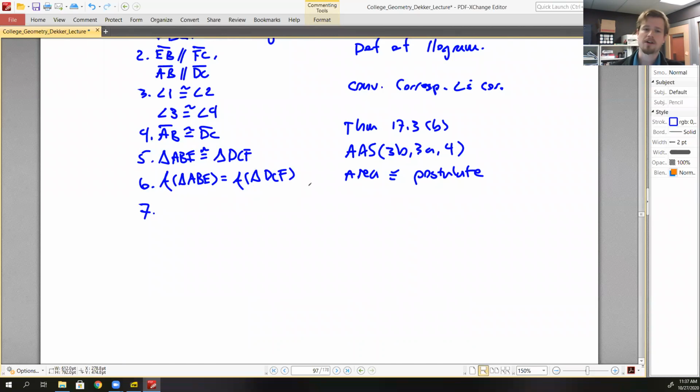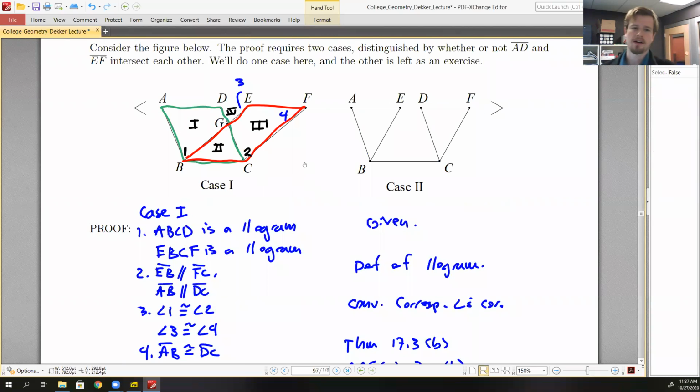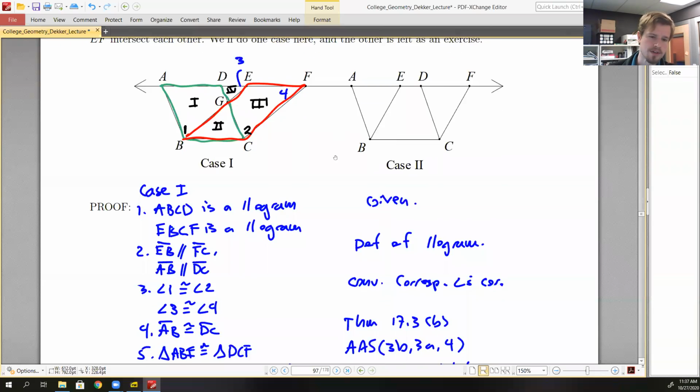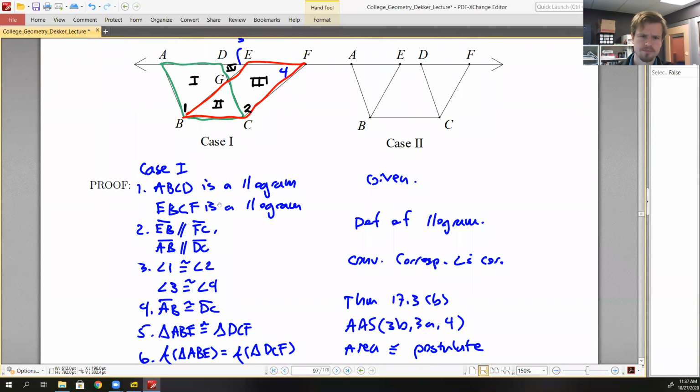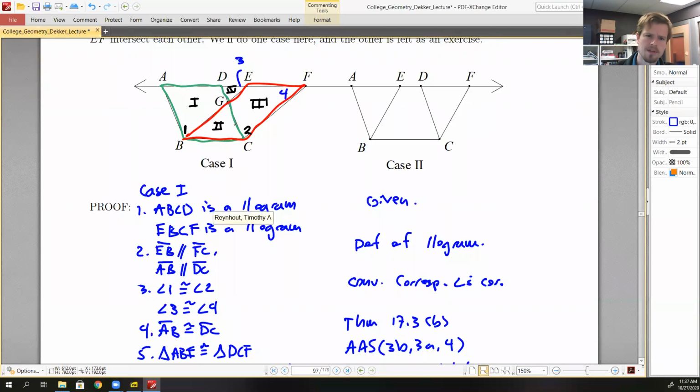All right, now let's talk about the areas that we're actually interested in of the parallelograms, and then a restatement of what the areas of the triangles are. So we have the area of the parallelogram ABCD is equal to, well, ABCD, that's area 1 plus area 2.